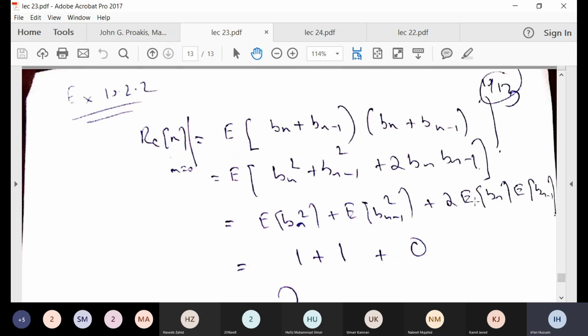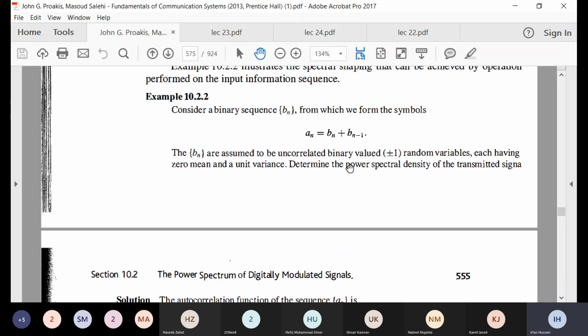But I know what is the mean of Bn. It has told me in the book that the mean is 0, uncorrelated. Each have uncorrelated mean, you can separate them, and then zero mean, the mean is 0. And variance, again you can see the variance is 1. He has written here unit variance, but you can also see similar plus 1 and minus 1, the values will be 1 and the variance will be 1.